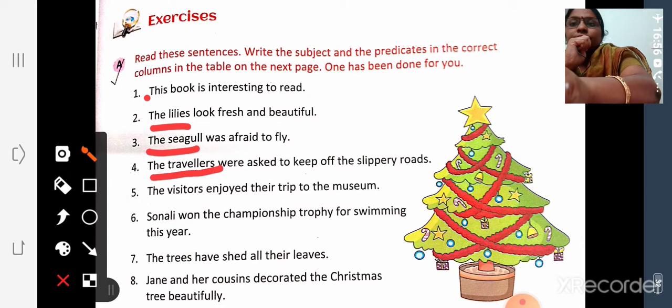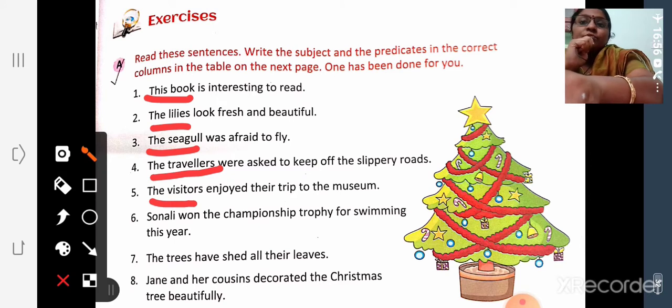The visitors enjoyed their trip to the museum. The visitors, subject; enjoyed their trip to the museum, predicate. Sonali won the championship trophy for swimming this year. Sonali is the subject. The rest of the sentence is the predicate.